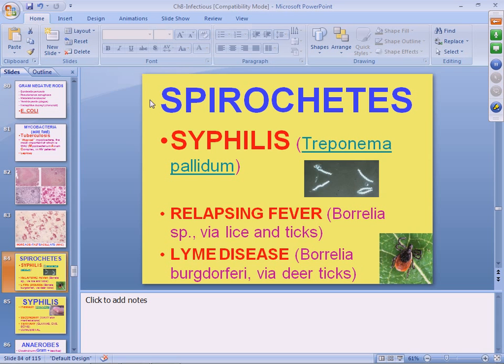In the case of relapsing fever, also a Borrelia organism, it's ticks and lice, and in Lyme disease, it's deer ticks. And I'll never forget what this guy looks like because he must have been on me at one point. The causative organism of Lyme disease is Borrelia burgdorferi.